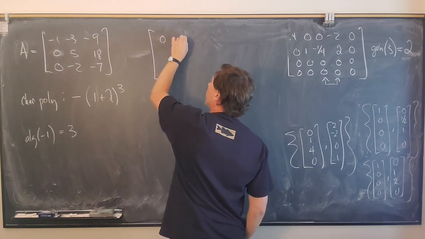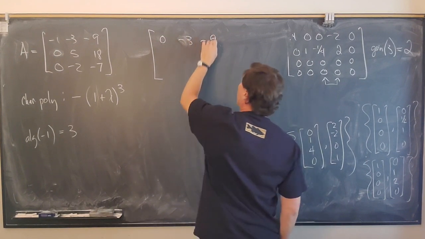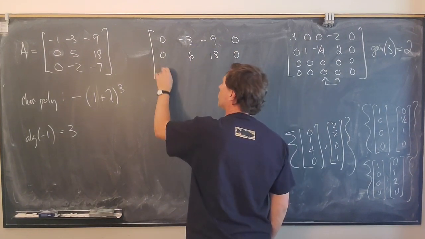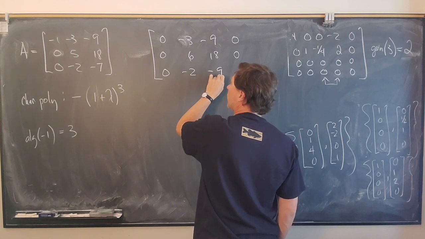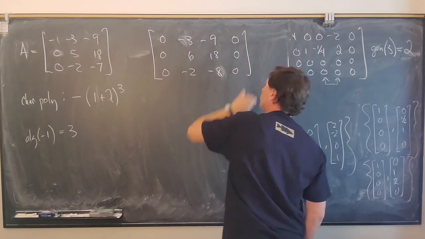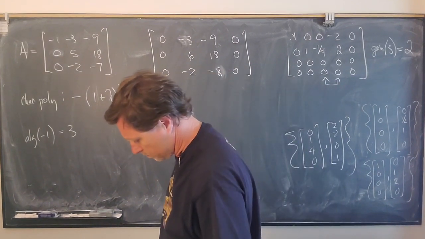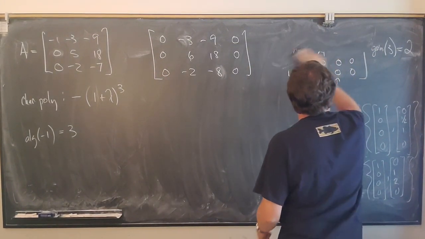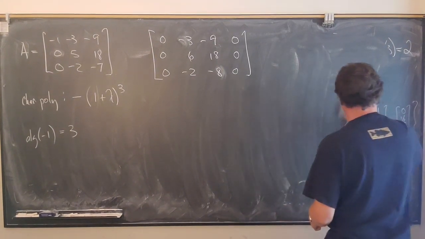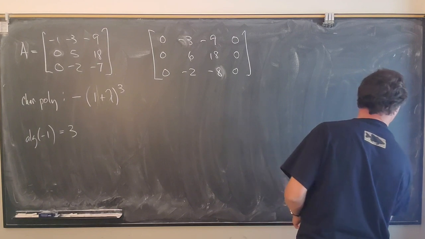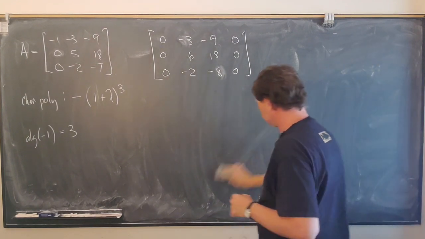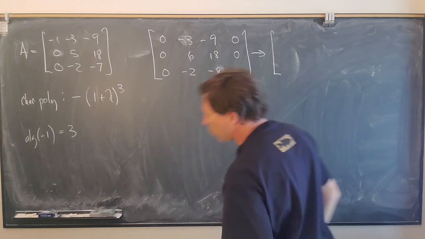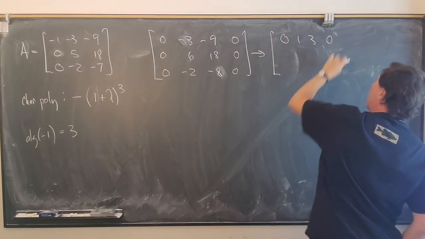So we're going to get 0, negative 3, negative 9, 0, 6, 18, 0, negative 2, negative 6. Now, if you do the row operations, here's what we get: 0, 1, 3, and then everything else is zeros.